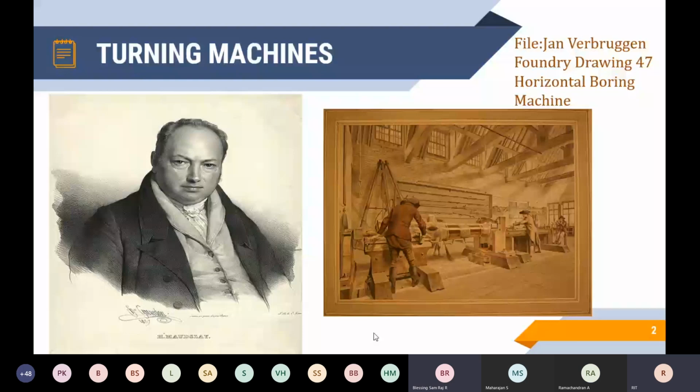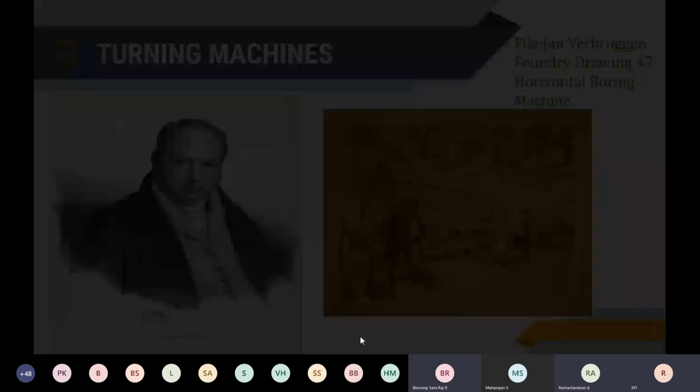The second image is the exact drawing of a horizontal boring machine by Jan Verbruggen at the Woolwich Royal Brass Foundry. It was drawn approximately in 1778. The drawing number is 47. You can find it easily on Wikipedia. From 1778 onwards, machine tool technology developed and started the various revolutions.